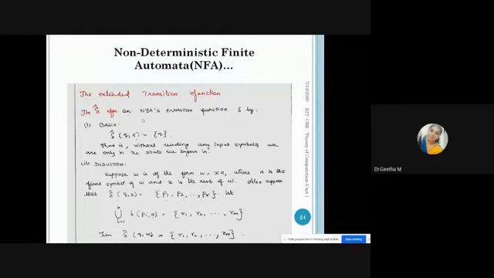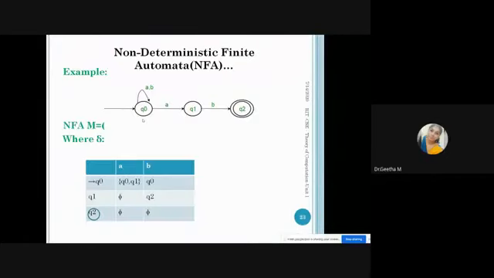You need not worry about how you will get these statements. That is not required here. See the basic step. Delta cap of Q comma epsilon is Q, which is actually the same as your DFA extended transition function. Now come to the induction step of this extended function. You will be getting more than one answer. See the example.